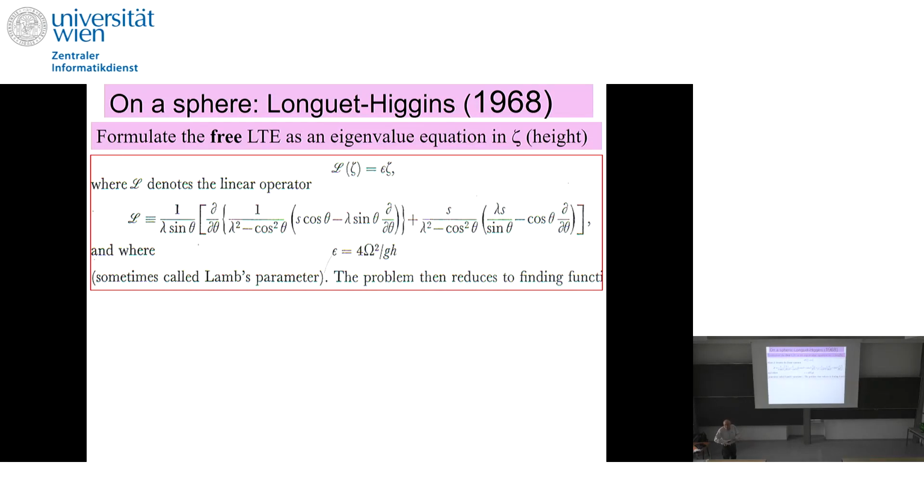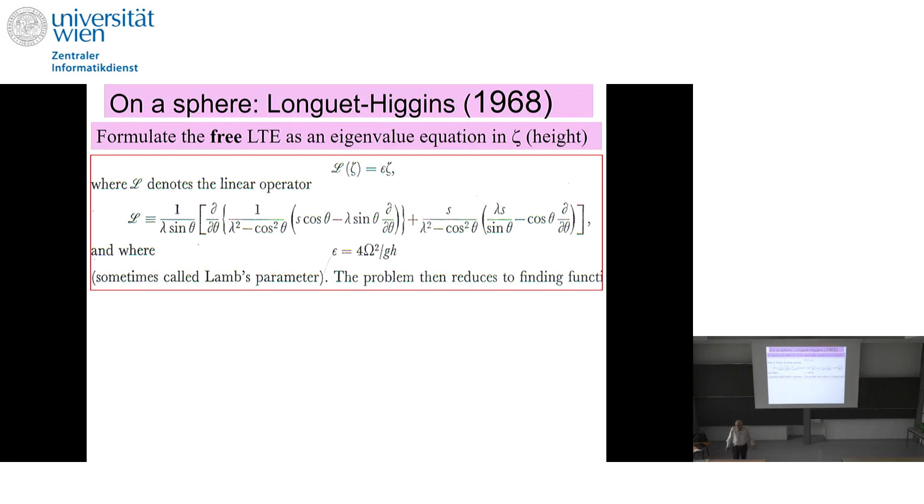Oh, wait. Right. His notation needs to be clarified from the beginning. Okay, so his S is my K. Okay, his lambda is my omega. Don't ask, yeah, his lambda is my omega. Today, to call lambda frequency is out.